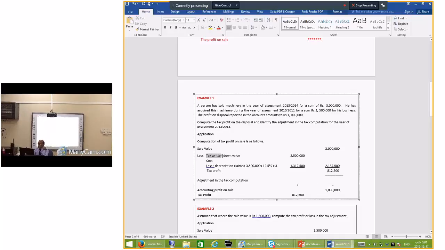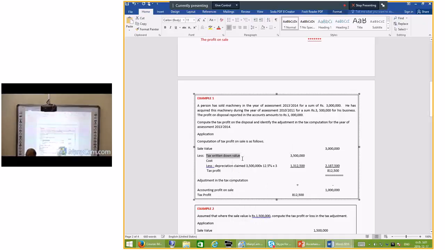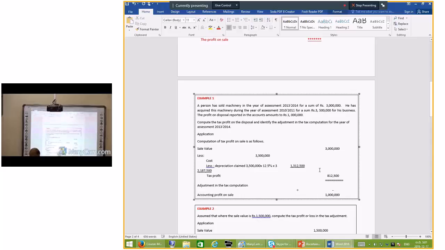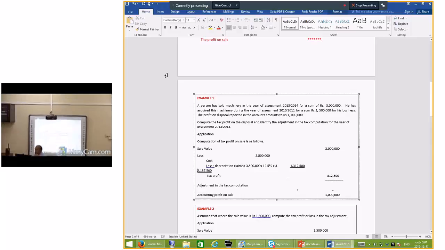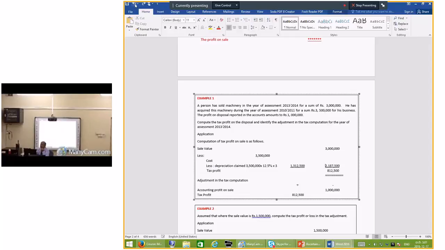Sorry, the tax return value. Allowances claimed are 1,312,500.